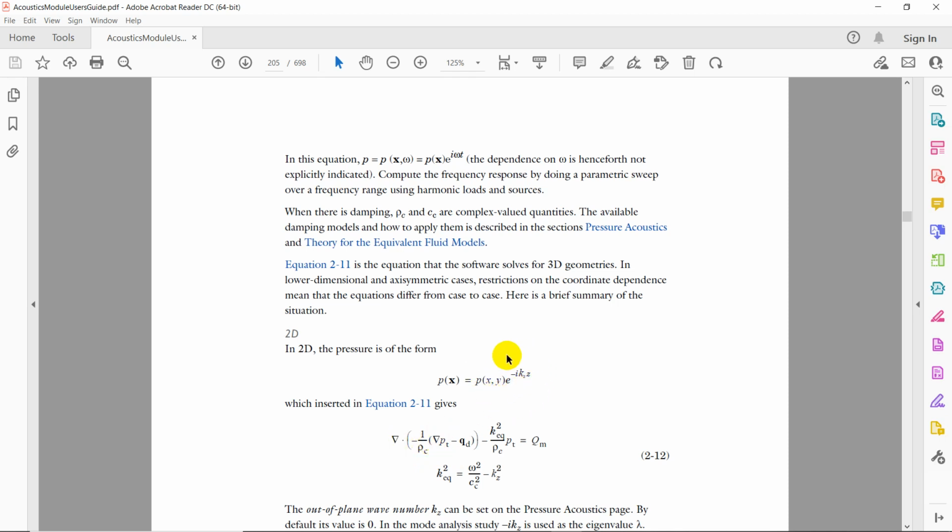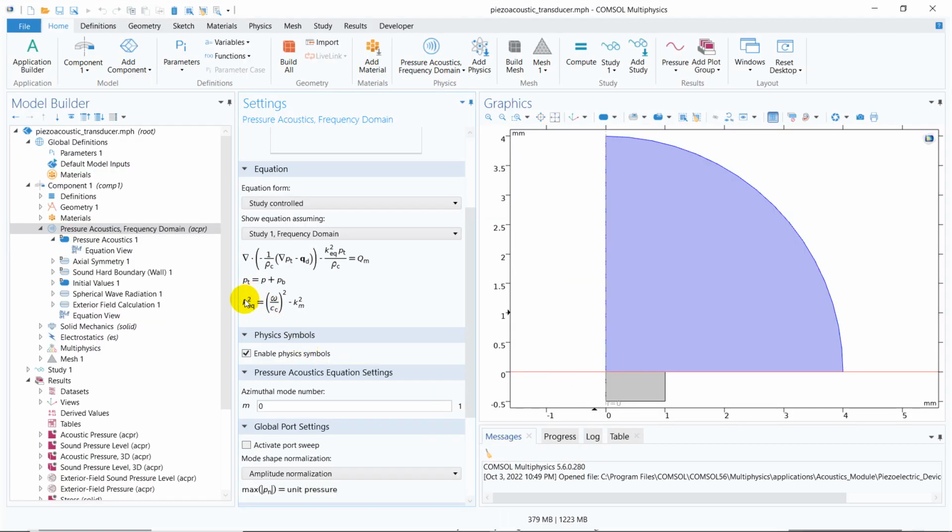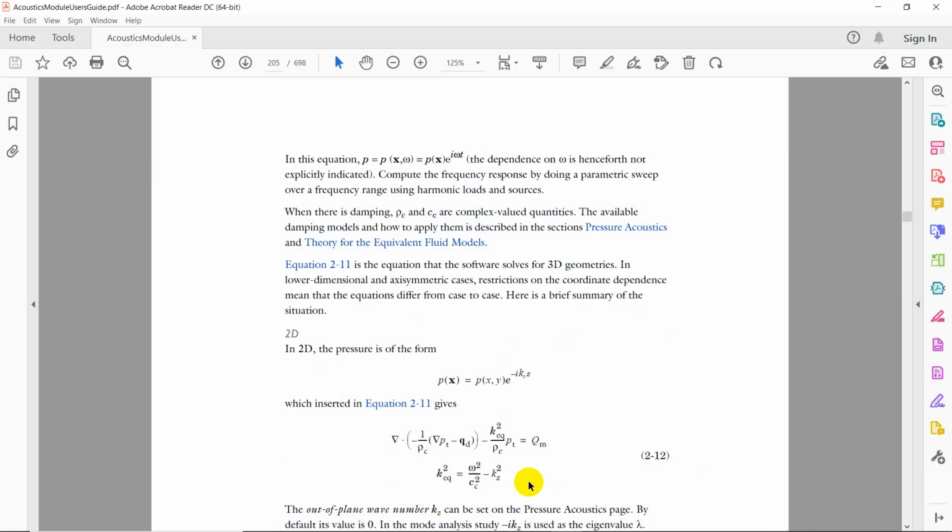Once you convert these two, you get rid of all the derivatives, and your equation becomes this. And in this particular equation, you can see this k equilibrium, so this is the expression of k equilibrium.